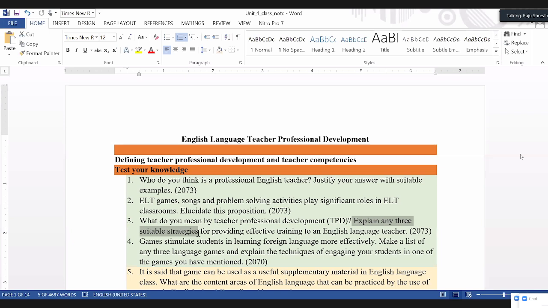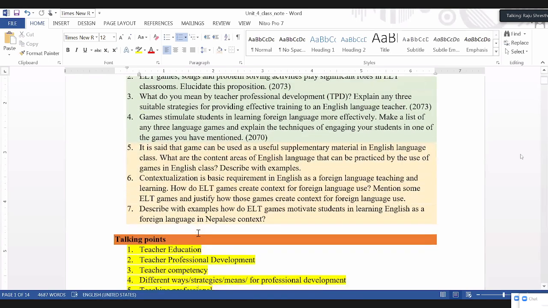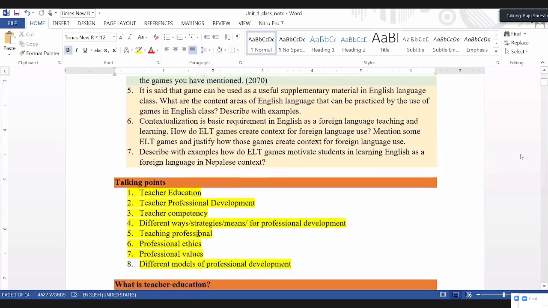Then you mention some of the strategies like action research, case study, mentoring, coaching, training, workshop, conference, seminar. Then from them you select and explain any three. So the question can say any three, any two, any one. This is the way of asking questions.